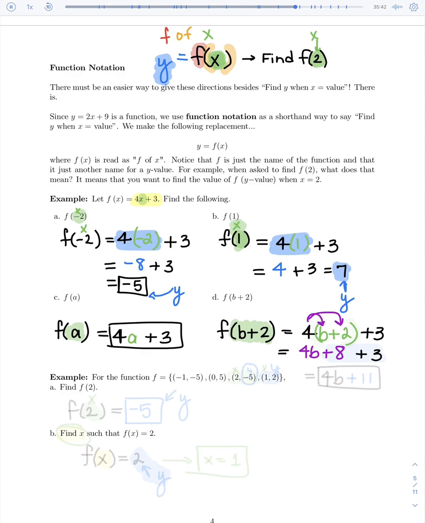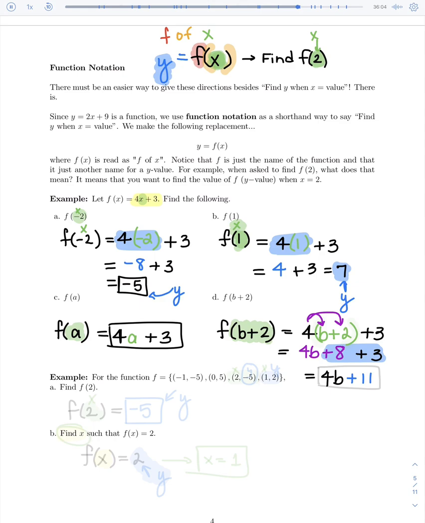I've got an 8 and a 3 I can add. Those are like terms, so let's go ahead and add those. So I've got a 4b plus 11, because it's a positive 11.